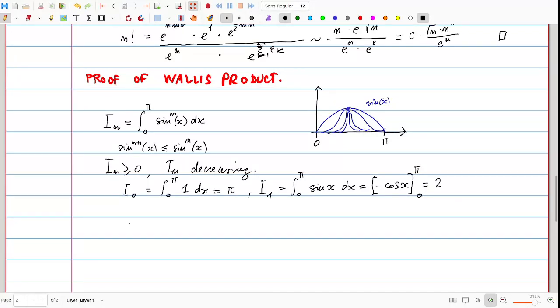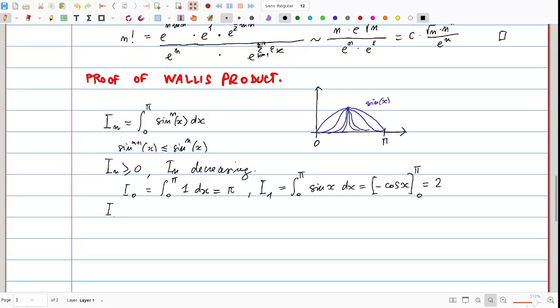And now we notice that we can compute In by induction, by integrating by parts. So if you have, for example, sine squared, you can integrate it by parts.